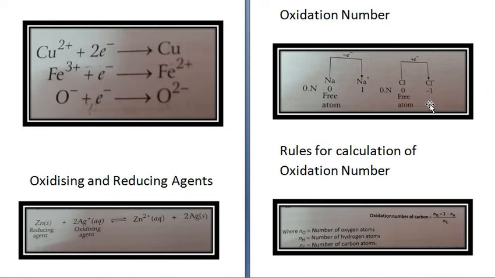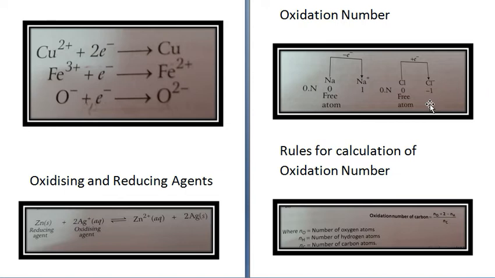So the oxidation number of Na is +1 and of Cl is -1. So +1 -1 becomes equal to 0. The total sum should come out to be 0 because the molecule is neutral, so it cannot have any charge. That way you can cross-check whether you have calculated the oxidation number correctly.